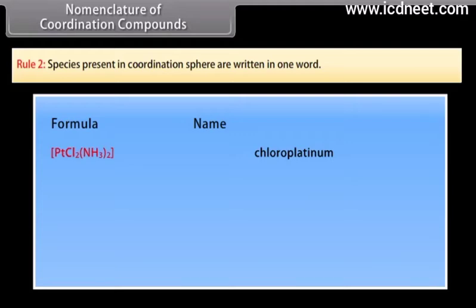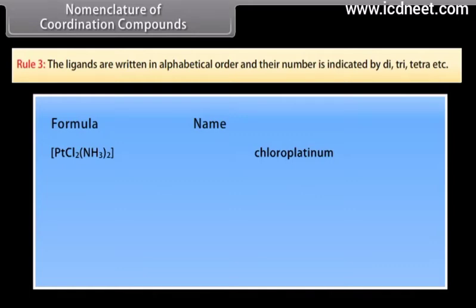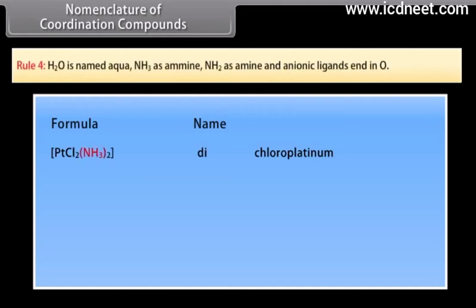Species present in coordination sphere are written in one word. Rule 3. The ligands are written in alphabetical order and their number is indicated by di, tri, tetra, etc. Rule 4. H2O is named aqua, NH3 as ammine, NH2 as amido, and anionic ligands end in O.